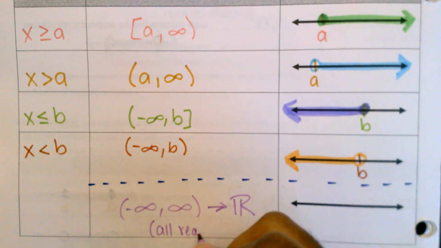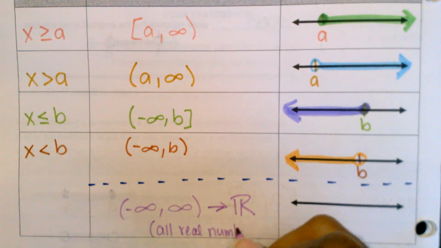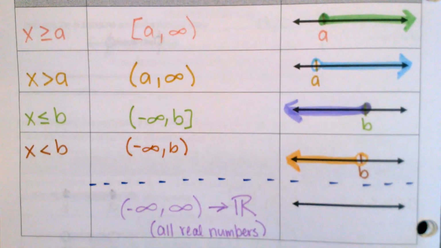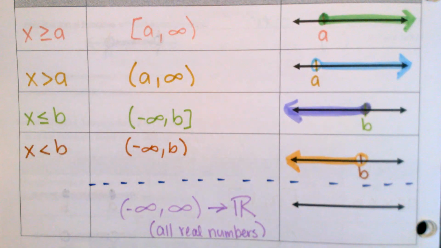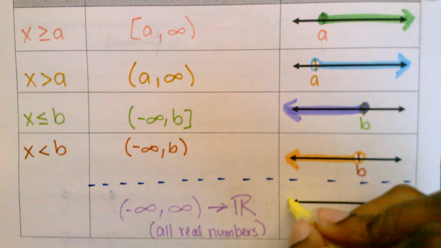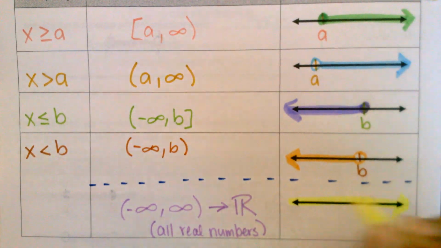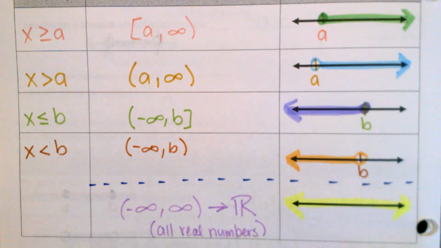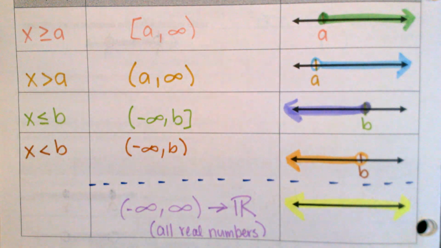All real numbers. So if I was to do this on my number line, I would shade the whole thing. Arrows on both ends, because I'm going as far negative as I possibly can, and as far positive as I possibly can.